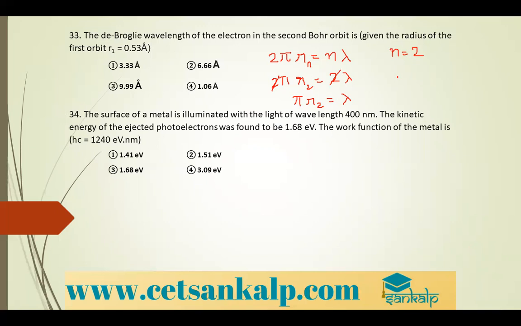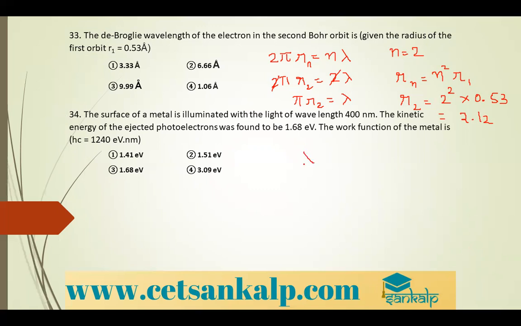So you know that Rn is equal to n square r1. So it is r2 is equal to 2 square into 0.53. So you will be getting 4 into 0.53, so it is 2.12 ಬರುತ್ತೆ.